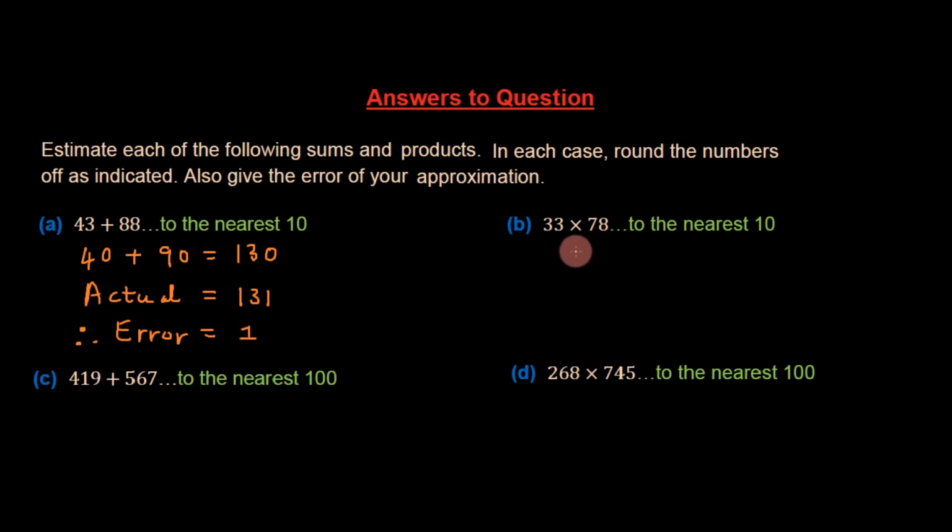Then in B, once again we have to round to the nearest 10. 33 is closer to 30 than it is to 40, so we're going to round it down to 30. 78 we can round up to 80. 3 times 8, of course, is 24. And we have to add 2 zeros. Let's look at the actual.